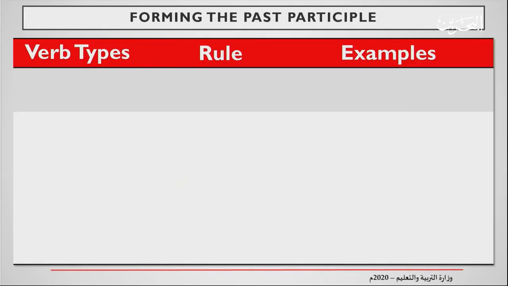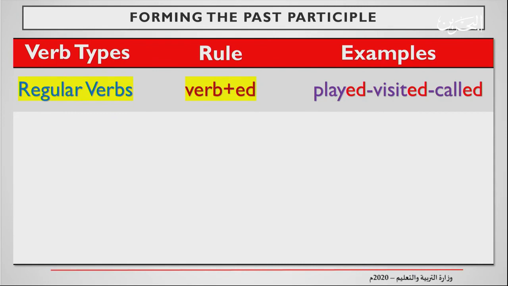Forming the past participle. You see, it is very important to know how to form the past participle to form more past modal sentences. So we have verb types. The first type is regular verbs, and the rule is simple. You have the verb plus ed, just like the examples. Play, you just add ed to make it the past participle.